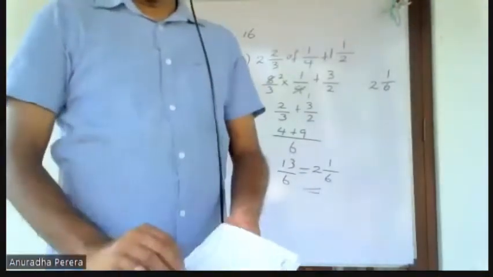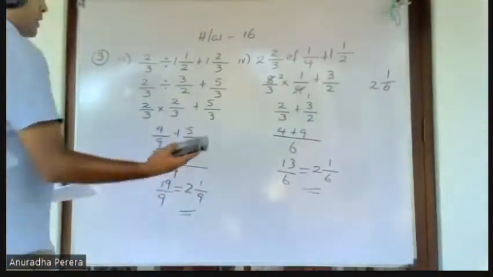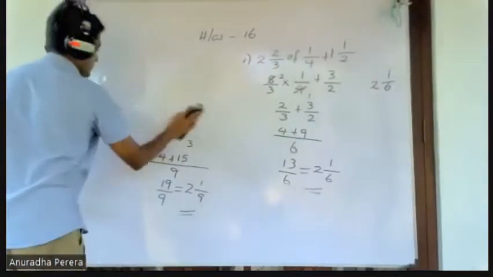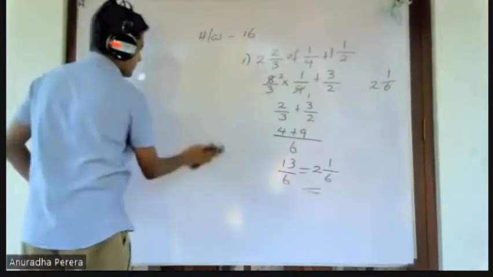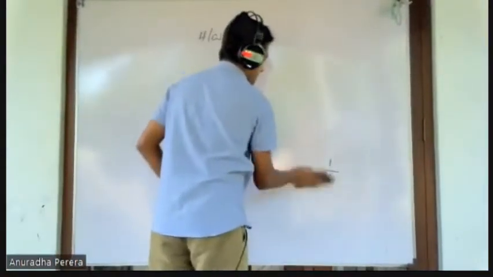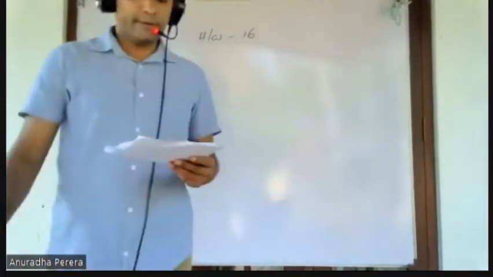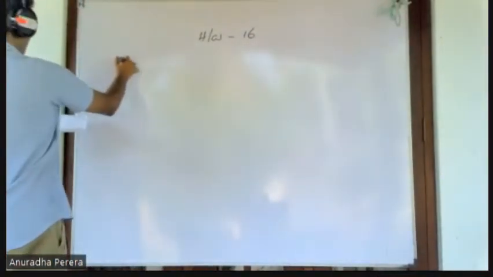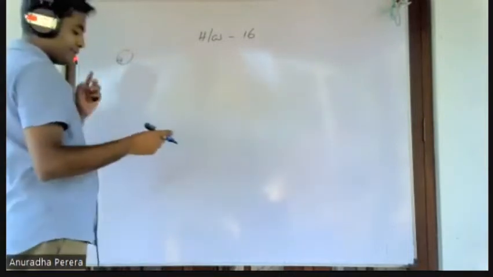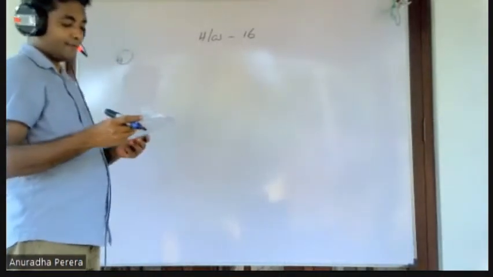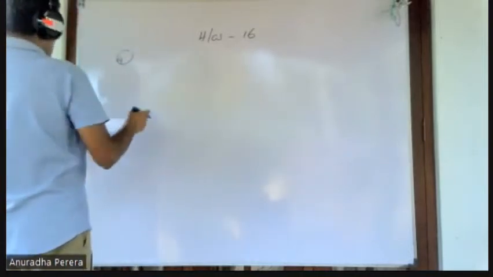Question number 4. An electric item worth 25,000 is sold at a loss of 20%. Calculate the selling price of the item.